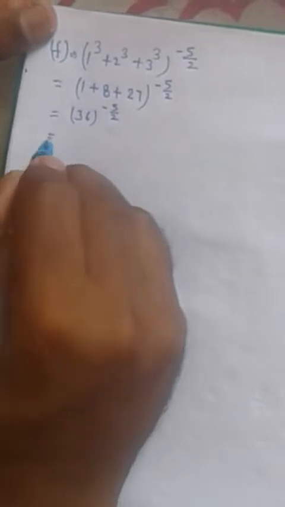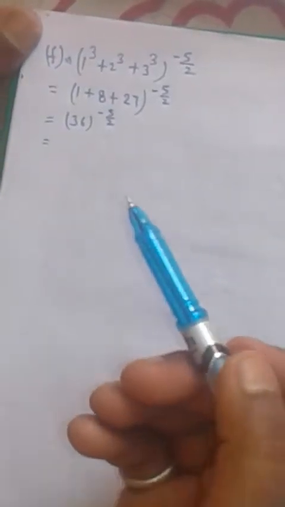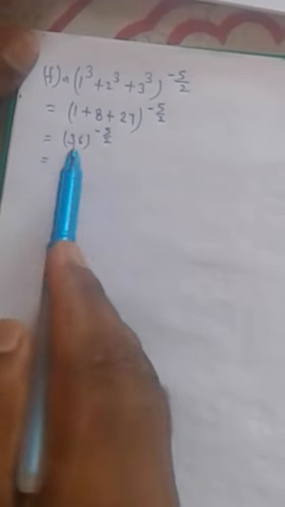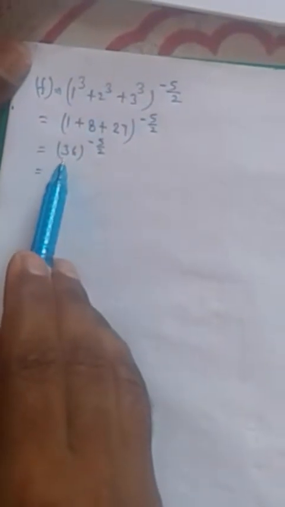You know that when a number is given a power as a fraction, generally the bracket number is converted to the power of the denominator. For 36, we can write 6 times 6 is 36. So we can write 36 as 6 to the power 2, and further power minus 5 by 2.